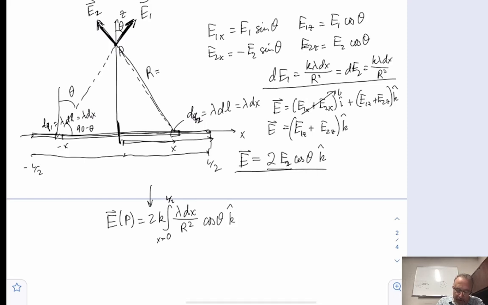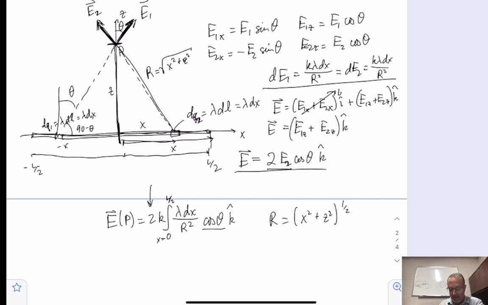If we look at x and z, the height where I'm evaluating this, r is actually x squared plus z squared to the 1/2. Furthermore, theta also depends on x. Remember, we're looking for any possible dependence on the integration variable. And r does, it has an x in it, but so does theta.